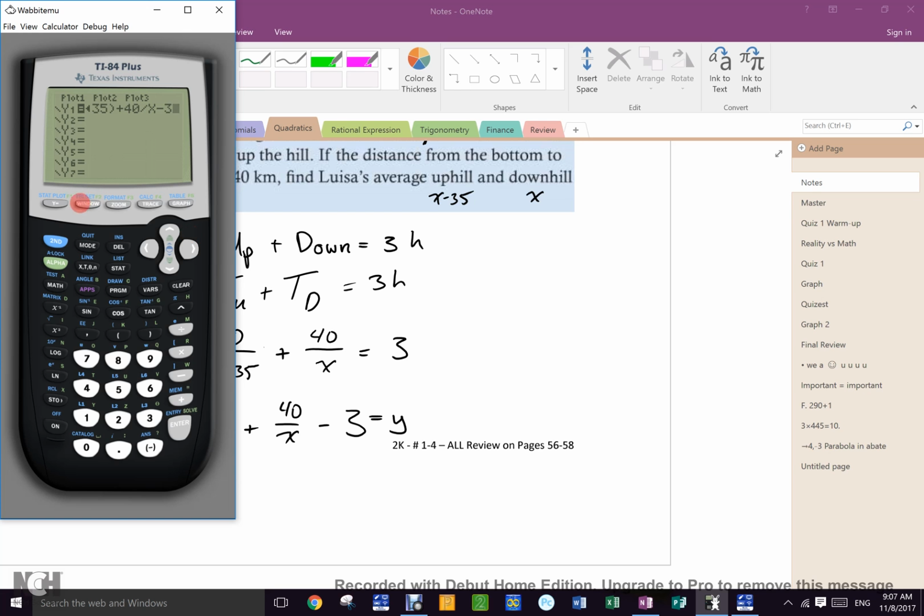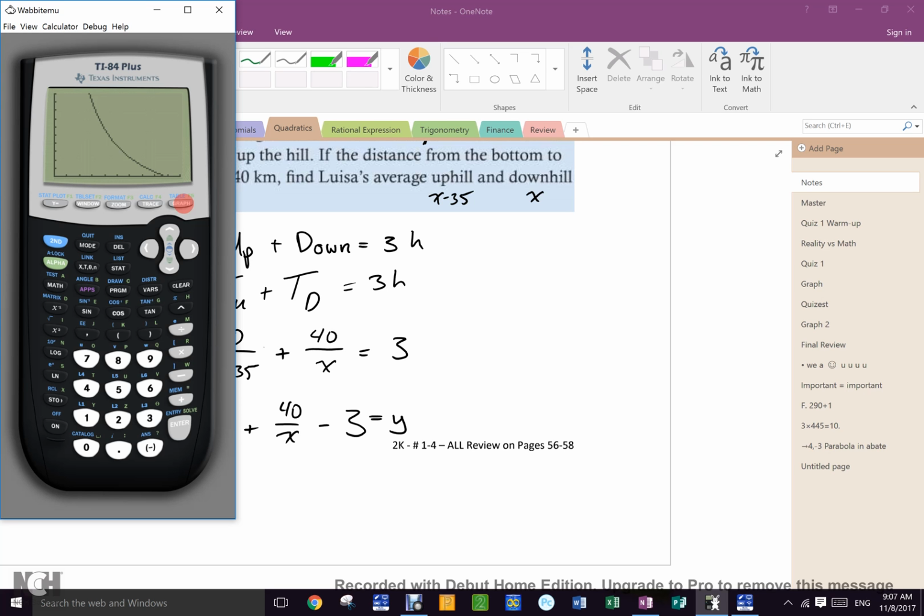So let's try and figure it out. We've got our graph. What are we looking for? X, yeah? Okay, so where do I find an x value on a curve like that? We can't do it, can we?